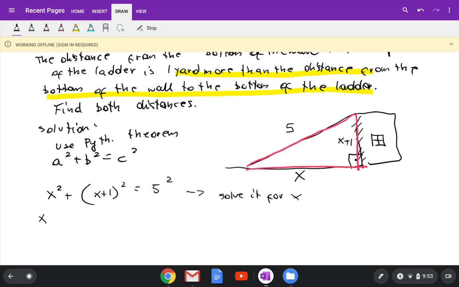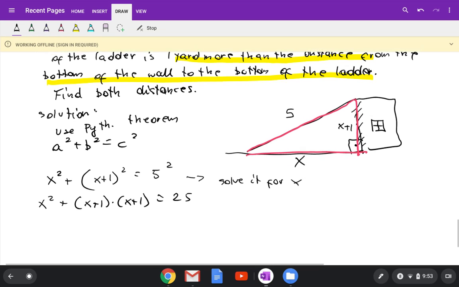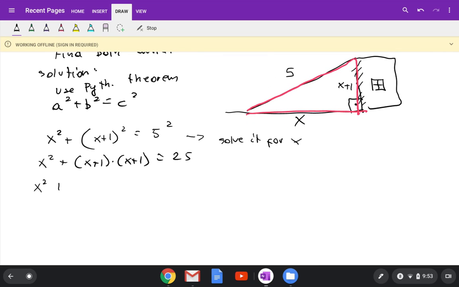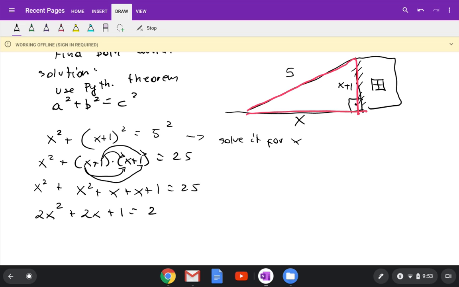So what you're going to do, you will need to FOIL x plus 1 times x plus 1, and 5 to the second power is equal to 25. So we have x squared plus, multiplying first: x times x is x squared, x times 1 gives you x, 1 times x gives you x, and 1 times 1 gives you 1, equals 25. Simplify the left side: x squared plus x squared gives you 2x squared, x plus x gives you 2x, plus 1 equals 25.